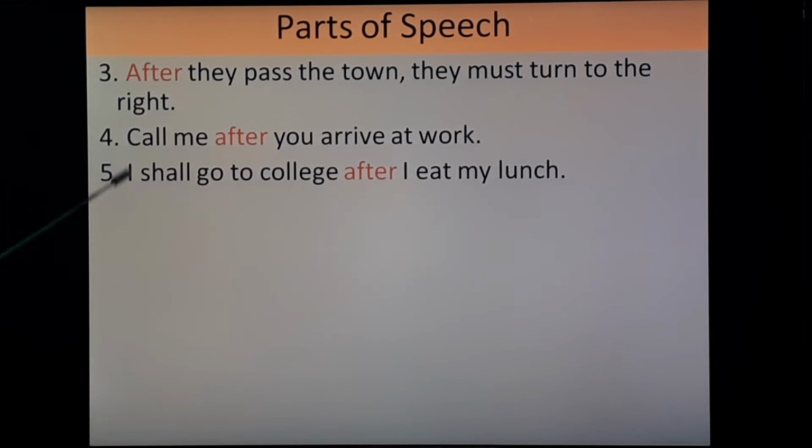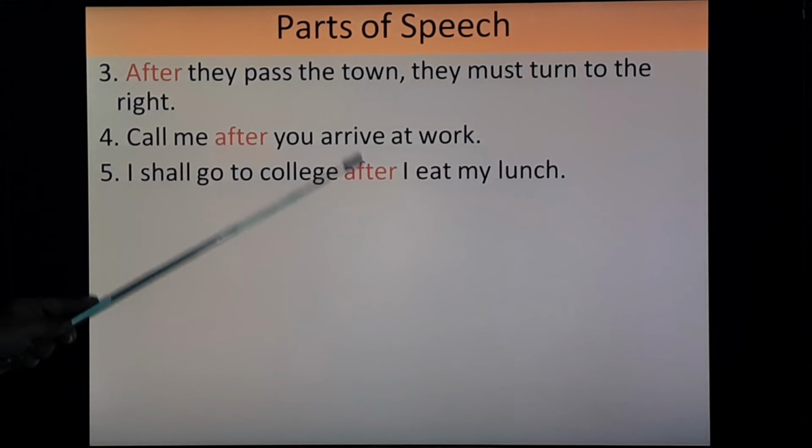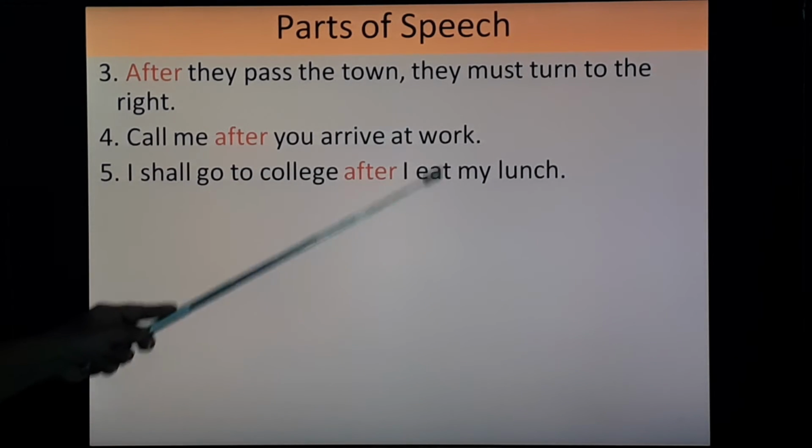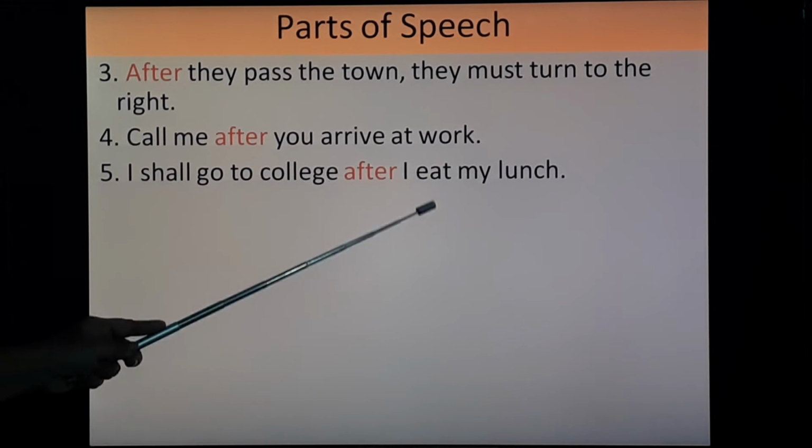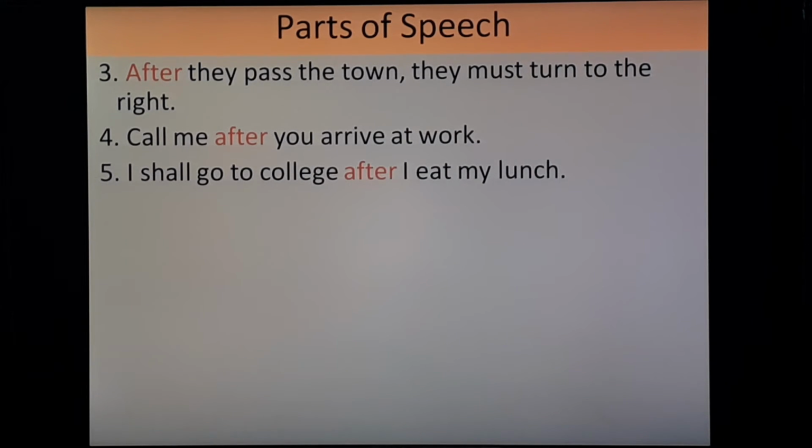So here I shall go to college, main clause, principal clause, or you can say this is the main thing. And after, that is the subordinating conjunction. I eat my lunch, that is the subordinate clause.